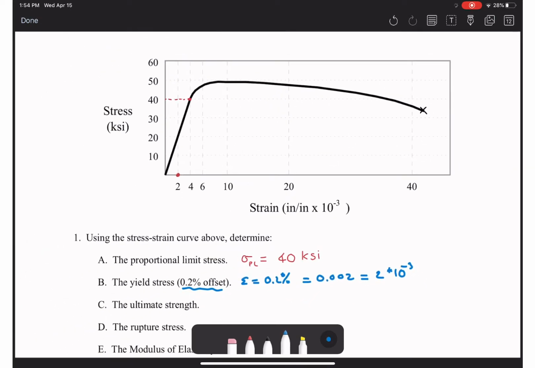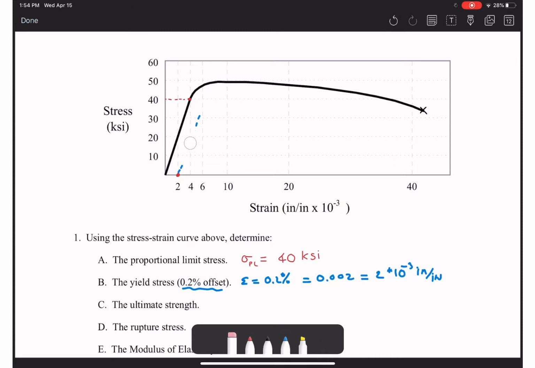And we just put a straight line parallel to the linear portion.